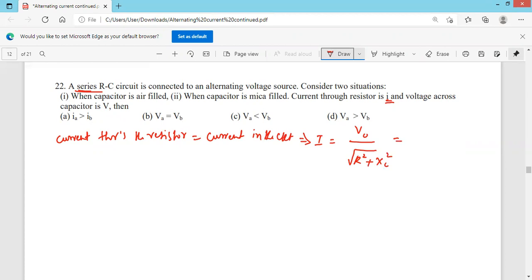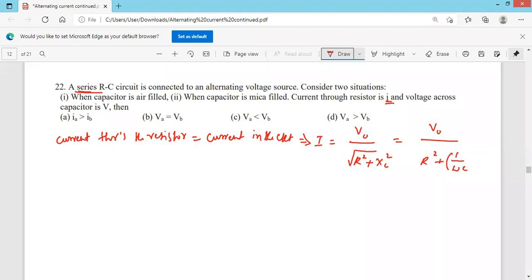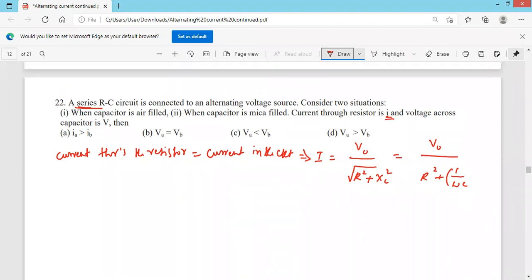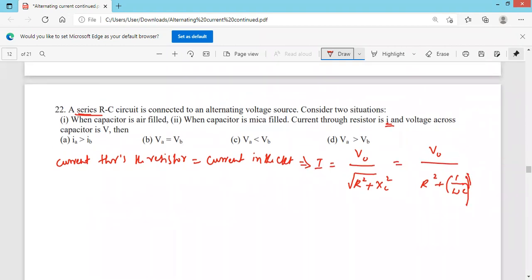Or this is equal to V naught divided by the square root of R square plus (1 by omega C) whole square. This is the I value.